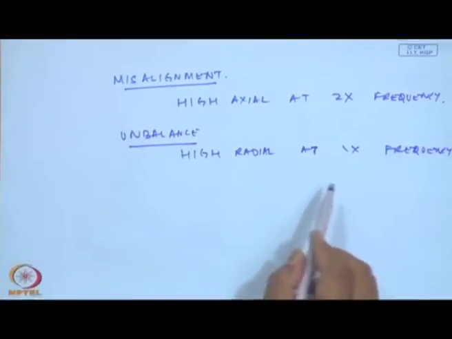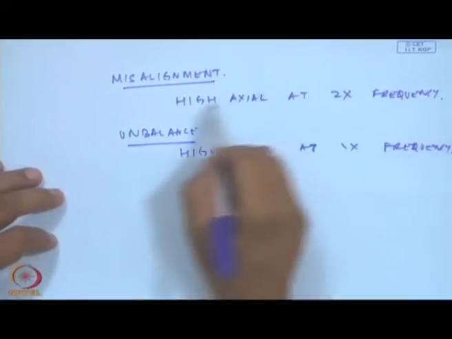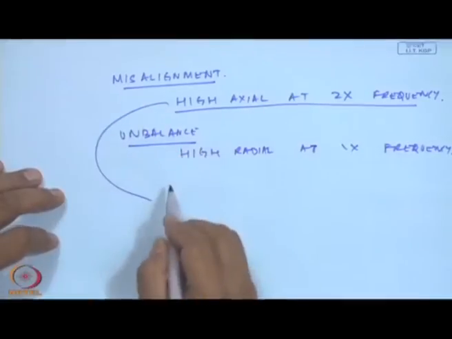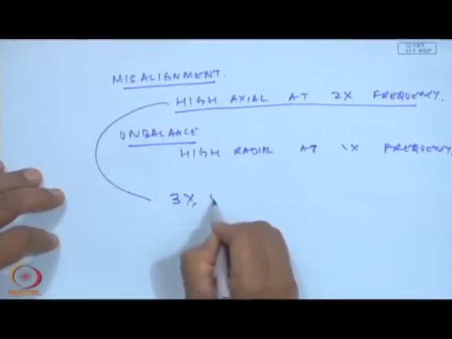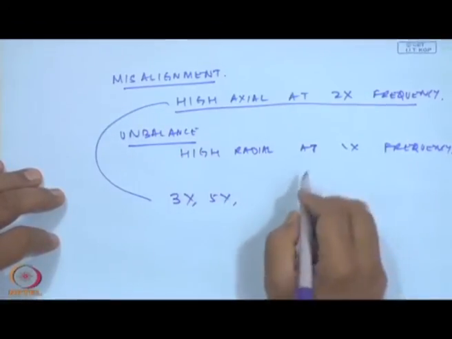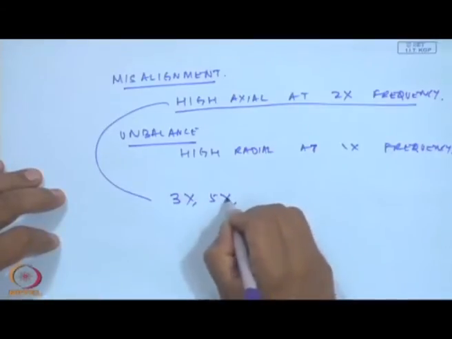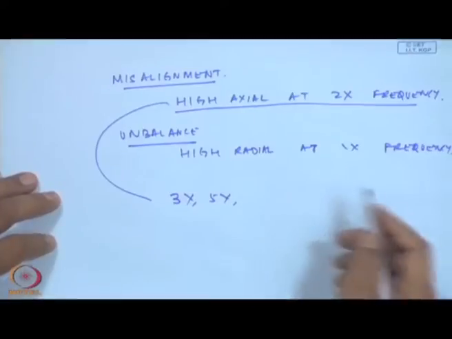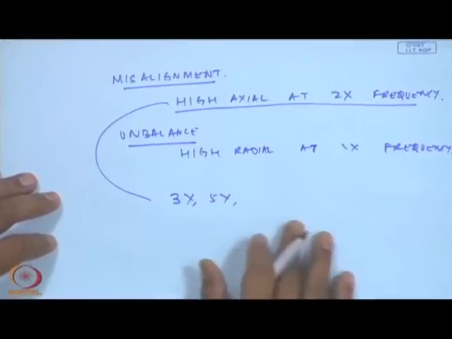But let me just caution you, this is very theoretical, in the sense of high axial at 2x vibrations. When we go to the lab, we see 3x, 5x, sometimes we even see high radials, when there is eccentricity with misalignment. So, one has to be careful.